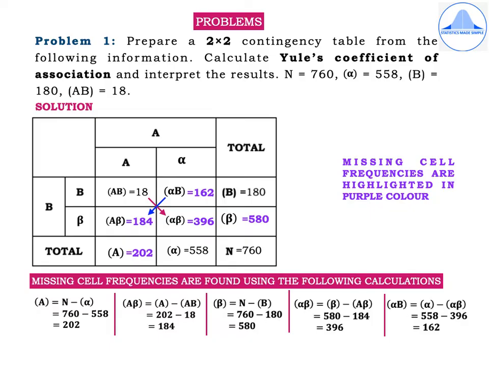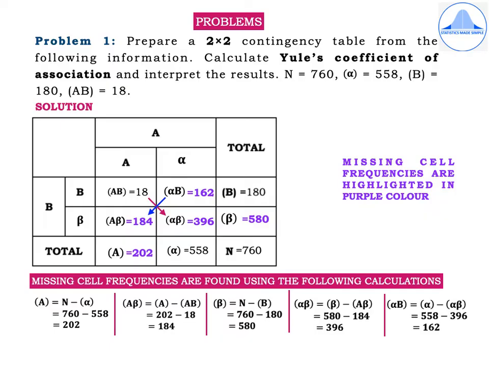Cell frequency beta is equal to N minus B, which is 760 minus 180, which is equal to 580. Alpha beta is equal to beta minus A beta, which is 580 minus 184, which is equal to 396. Alpha B is equal to alpha minus alpha beta, which is 558 minus 396, which is equal to 162.